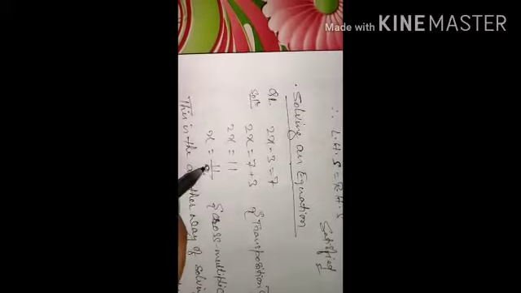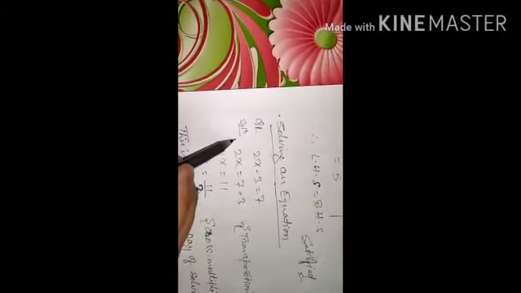And one more thing I have left: the sign of implies, that also we should give. This is very important. Okay, now it is fine. In a hurry I'm doing it, so that's why something gets left. No issues. Now we understood transposition, and at last we did the cross multiplication. So this is another way of solving an equation.